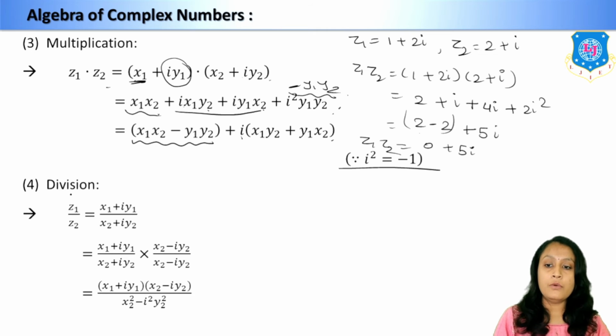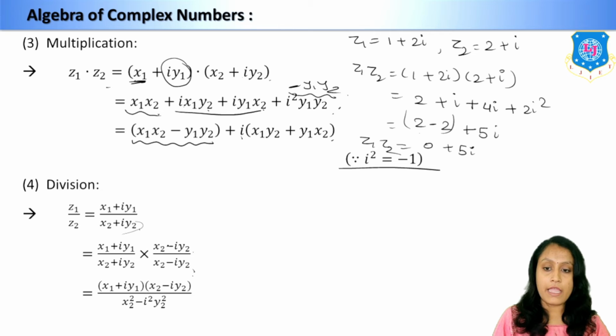Now let's study division. So we have z1 upon z2, so x1 plus i y1 upon x2 plus i y2. Now whenever we have a complex number in the denominator, we'll multiply and divide by its conjugate. So for that, if we have plus over here, write down minus. So you will get x2 minus i y2.